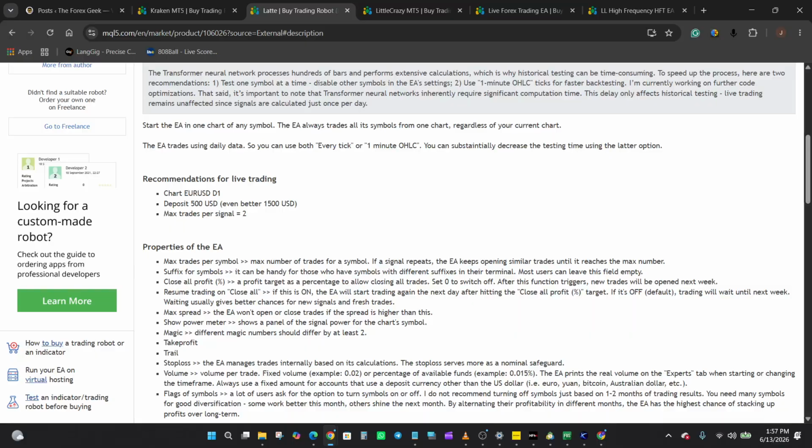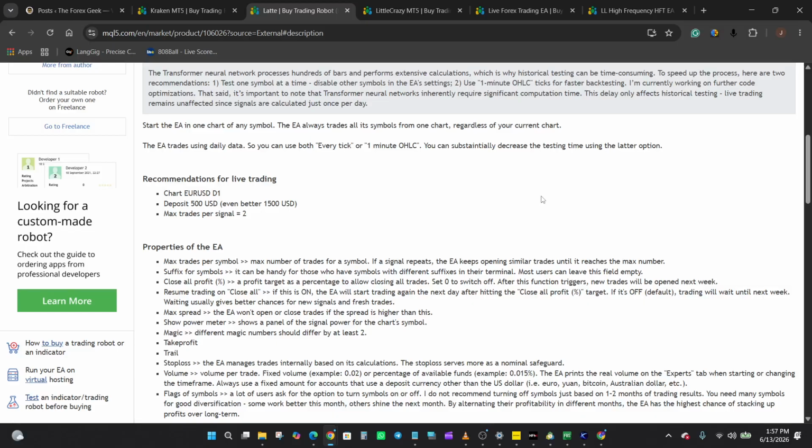Now let us take a look at the available settings. The EA includes controls for maximum trades per symbol, which determines how many positions can be opened when similar signals continue to appear. There is also a close all profit percentage feature that can automatically close trades once a specified profit target is reached. Another interesting setting is the option to resume trading after the close all profit condition has been triggered.